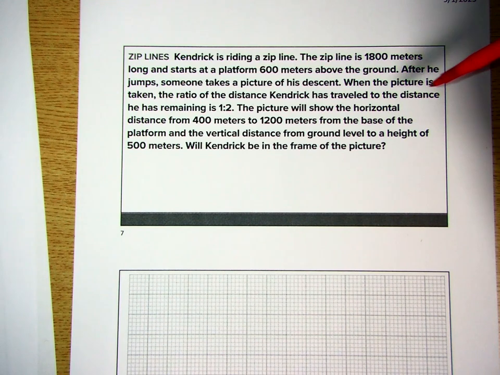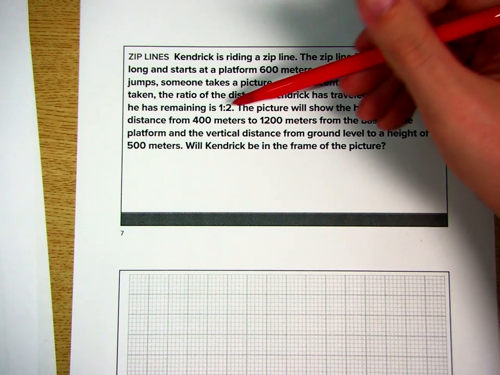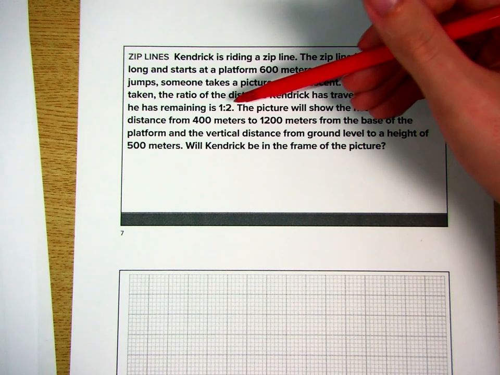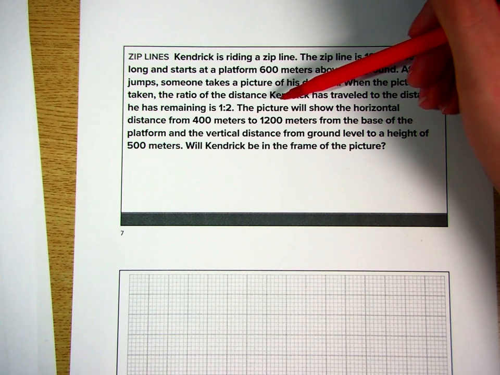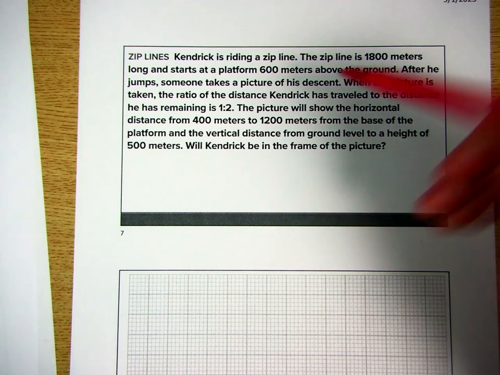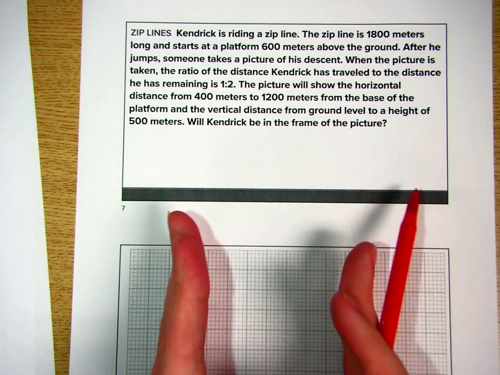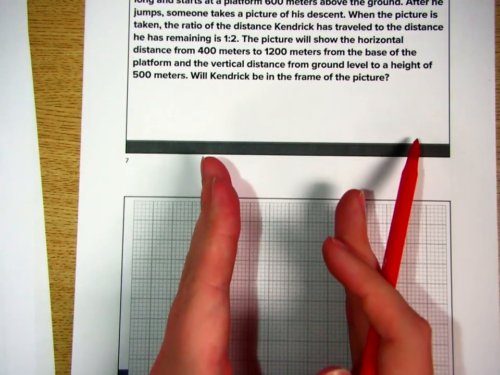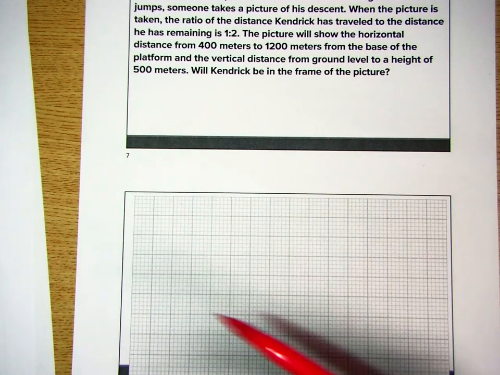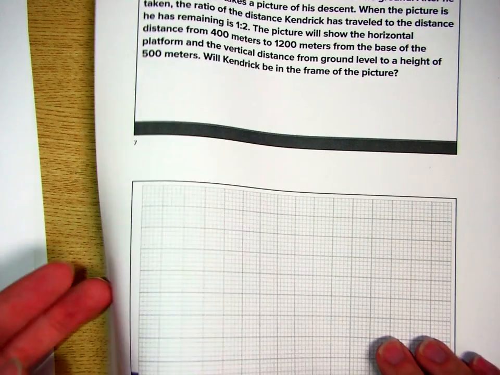We want to know that when the picture is taken, the distance he has traveled to the distance he has remaining is 1 to 2. So we've got a ratio there. That's important. And we want to know whether he's going to be in the picture. There's some box where the picture will be framed, and he'll either be in the picture frame or he won't. The question is, will he be in the frame?